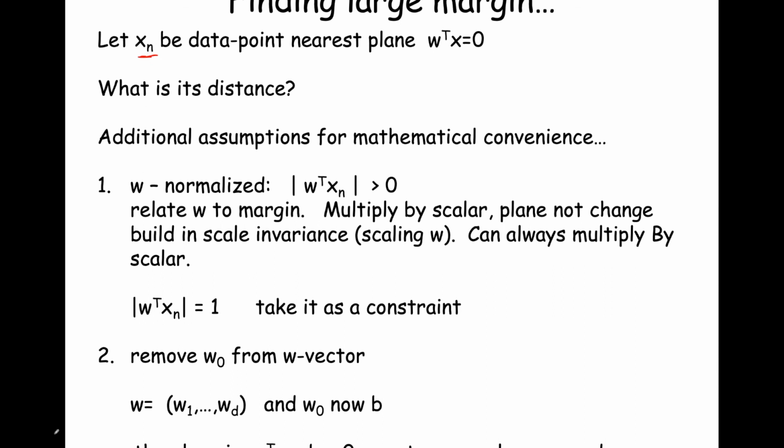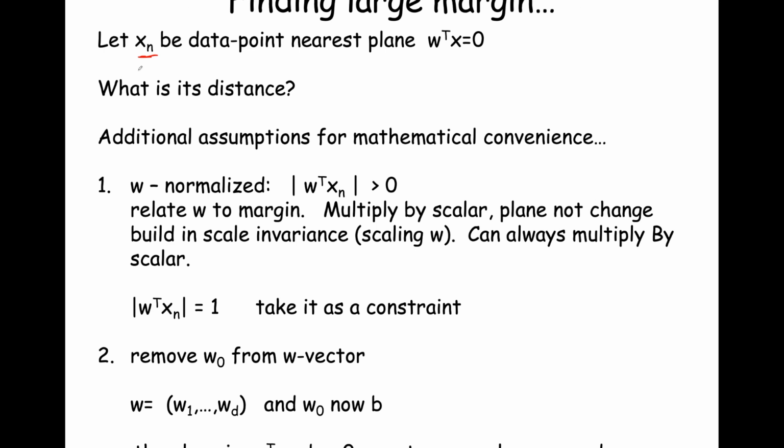Now, when we talk about this idea of nearest the plane, we need a definition for what the hyperplane itself is. And so xn is going to be that data point that's nearest the plane. Now, the hyperplane consists of all of those data points x such that W transpose x equals 0. That's exactly on the plane.